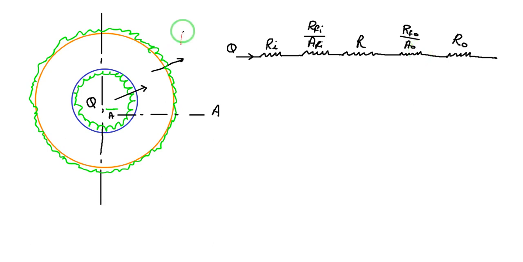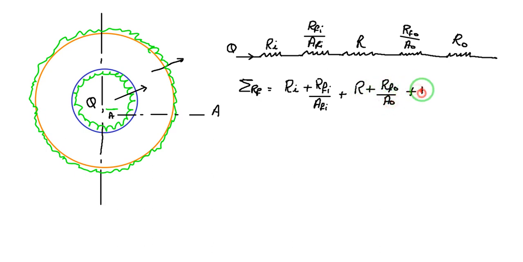Now let me derive this equation. I want to write the summation of thermal resistance. I am going to write like this: Ri plus Rfi divided by Ai plus R plus Rfo by Ao plus Ro.